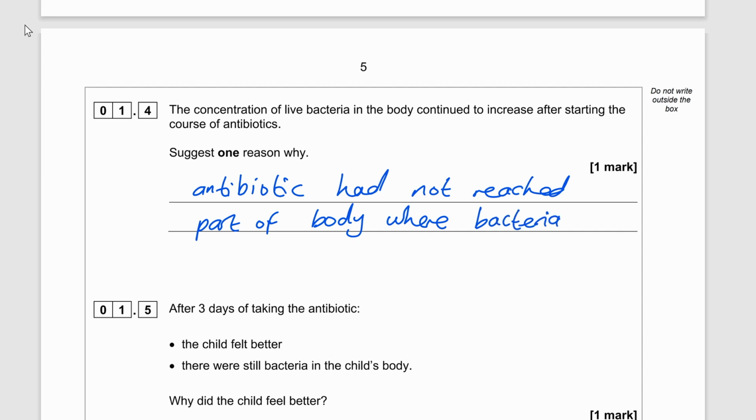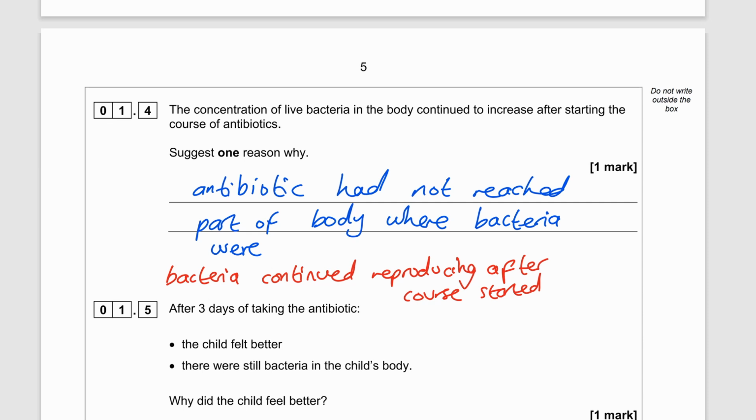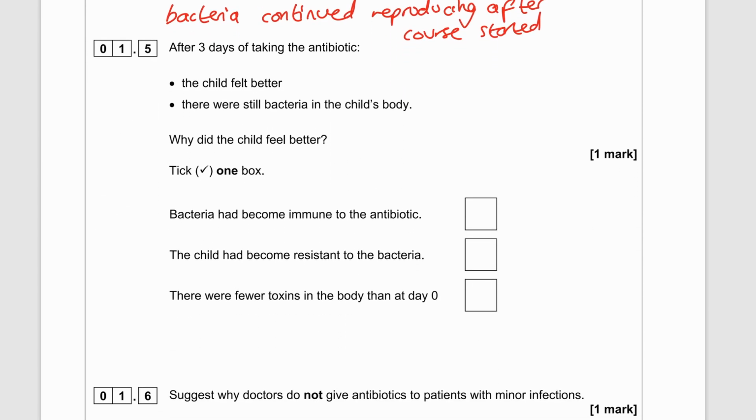Usually it might take some time for the antibiotic to reach there, so maybe there was a bit of a delay between those 2 points, where the antibiotic was given and where the antibiotic needs to work. The other thing that could be said is the bacteria, even though the antibiotic was given, just continued reproducing after the course of the antibiotics had been taken.